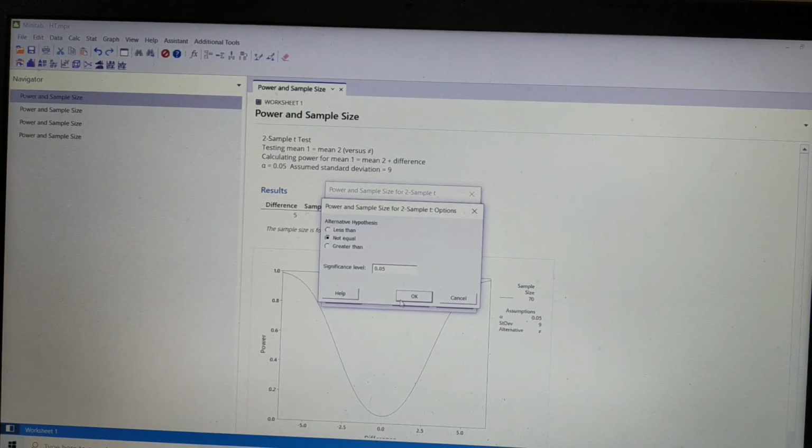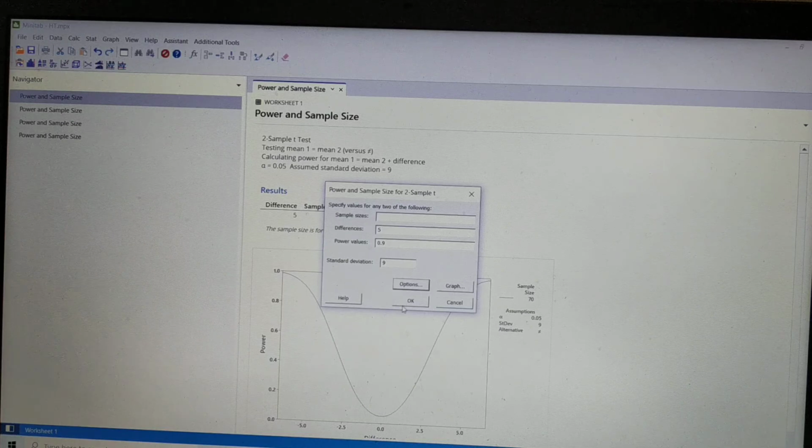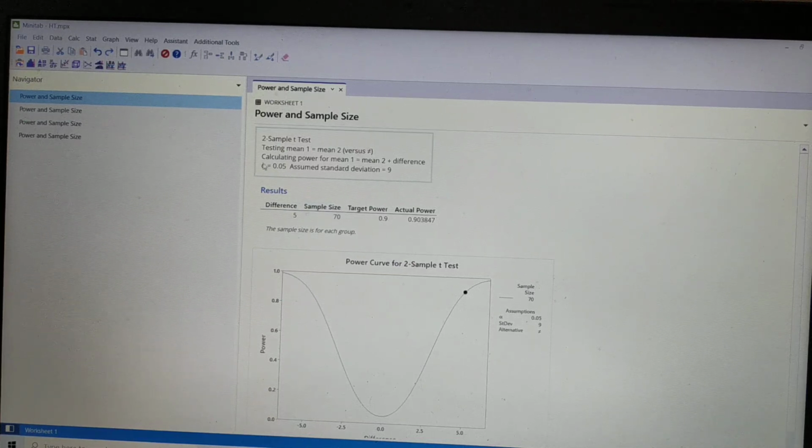Significance level will keep it at 5%, and alternate hypothesis will be not equal to. And then we'll click OK, and then we'll arrive at this sample size. So here alpha is equal to 0.05, power is 0.9, so our beta is 10%, our sample size is 70.